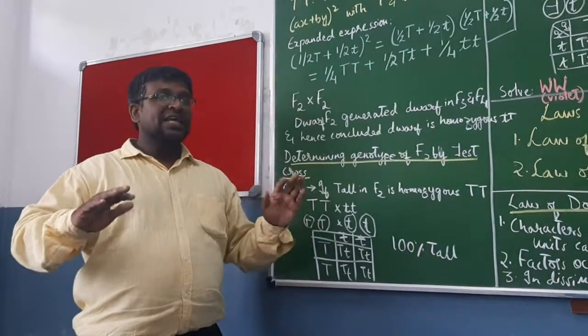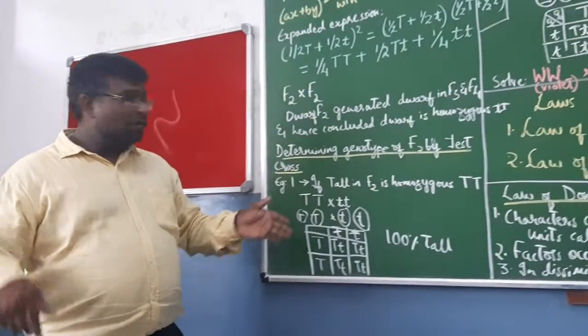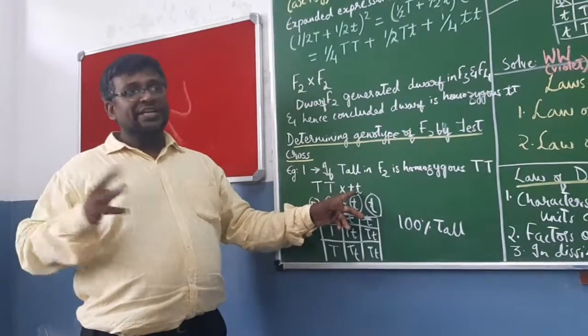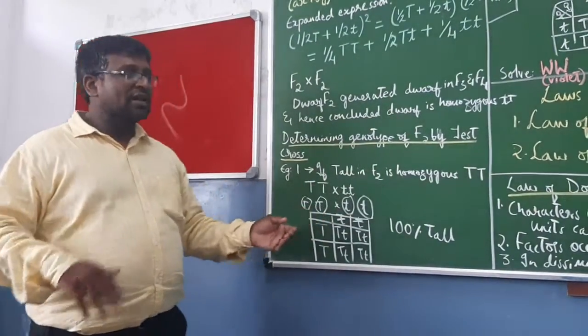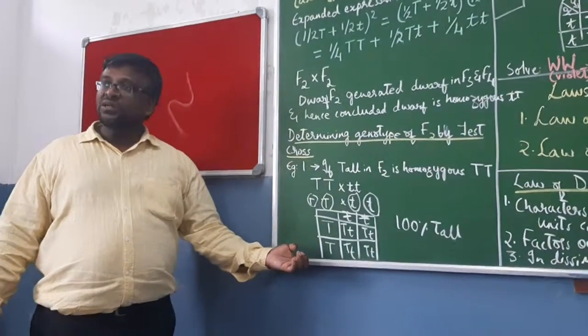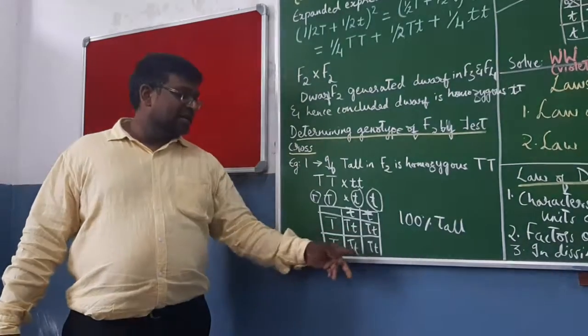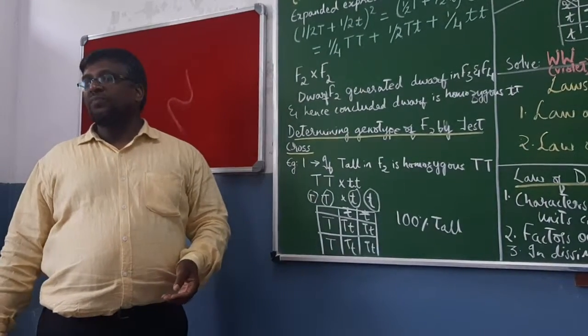If tall in F2 is homozygous, that is capital T capital T, what will be the result when you cross it with a recessive parent? I am doing a test cross for two conditions, homozygous tall and heterozygous tall. In homozygous tall, whenever I cross it with the recessive parent, I am going to get 100% tall.